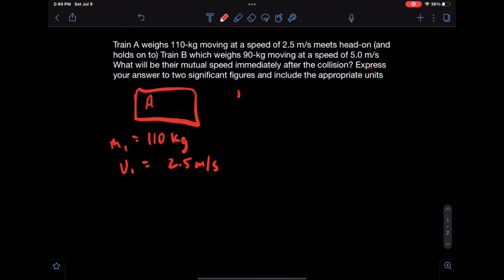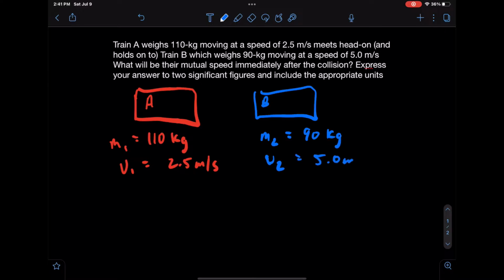And it collides with train B that weighs 90 kilograms, which will be our M2 value, moving at a velocity of 5 meters per second.